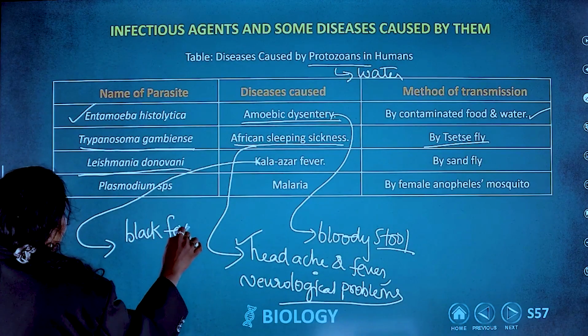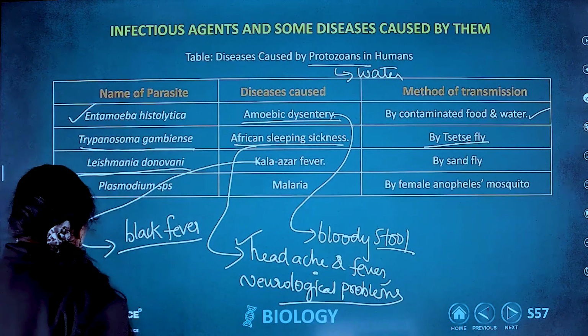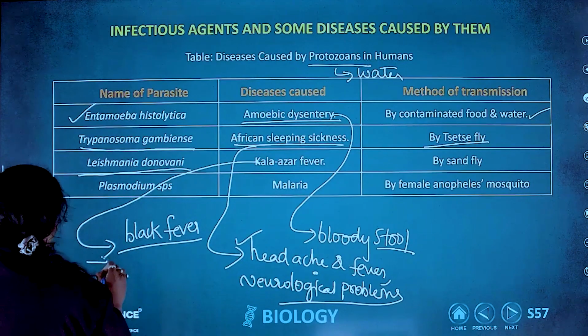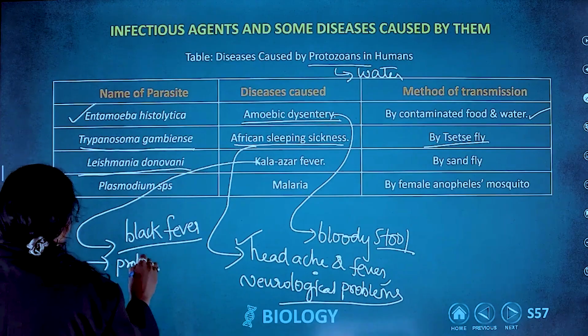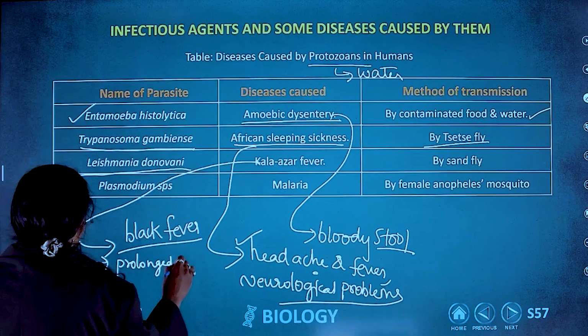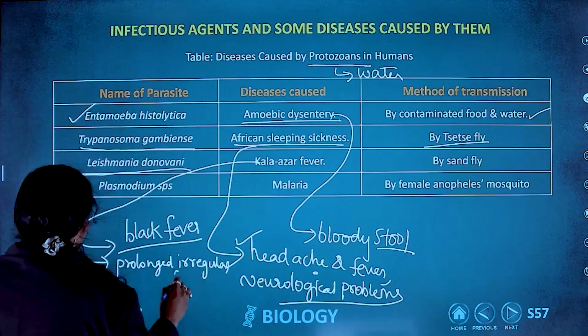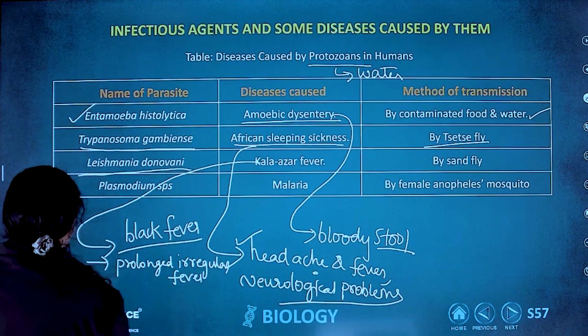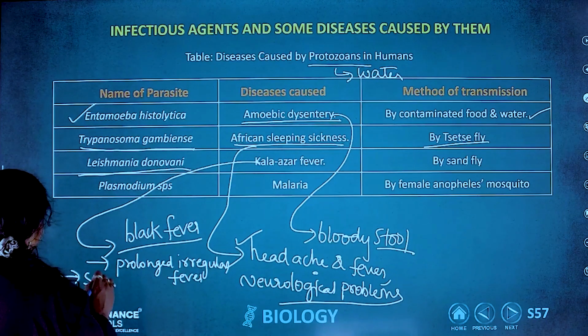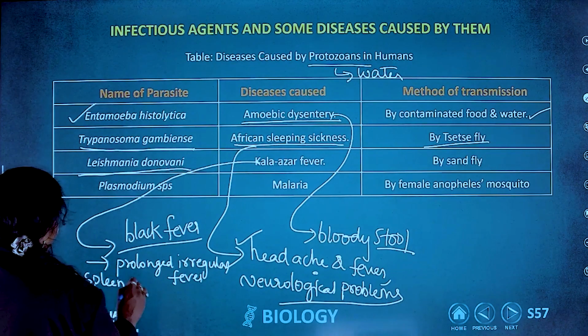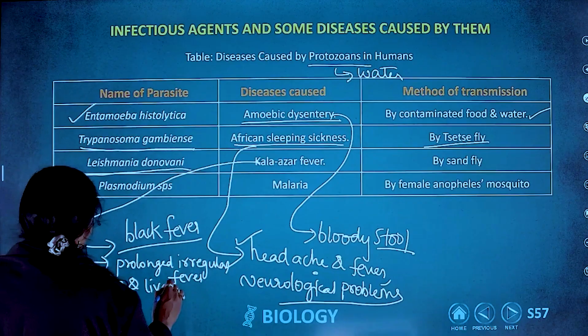Kala Azar, black fever. What are the symptoms of black fever? Please write. Prolonged, irregular fever. Onset of fever will be there and will be stopped. Prolonged irregular fever. Spleen and liver enlargement. This is the symptom of black fever.